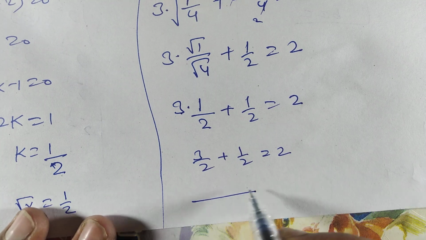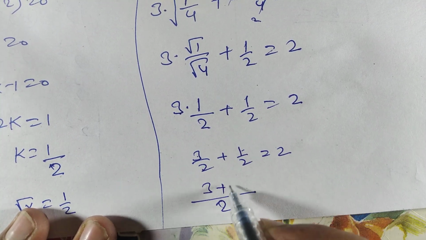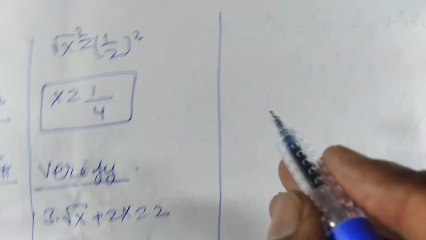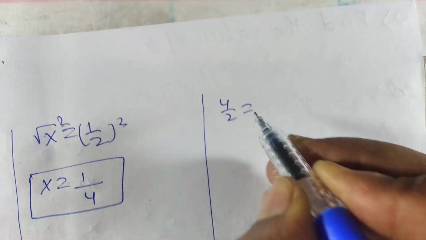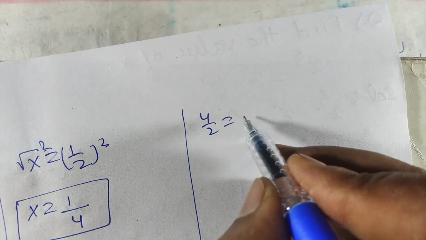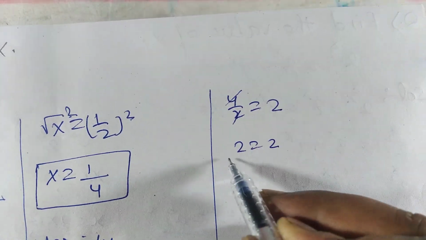Taking LCM 2, 3 plus 1 is 4 over 2, which is equal to 2. So 2 is equal to 2.